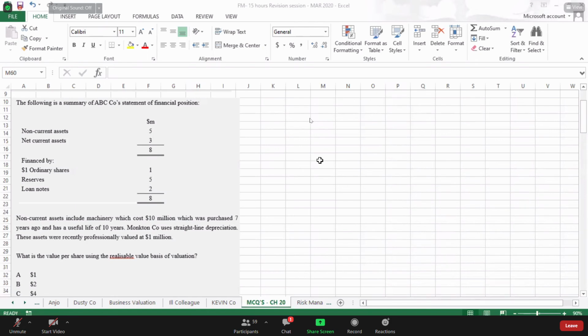Yes, Tenzin, correct answer. Who can explain? Tenzin, can you explain?